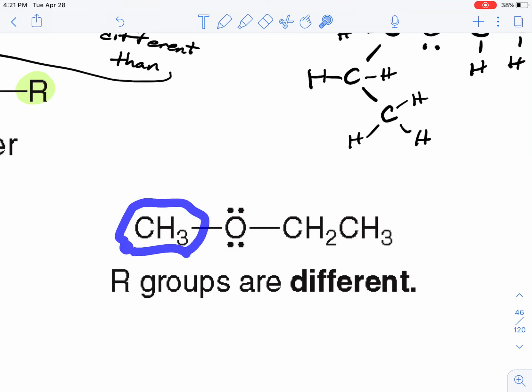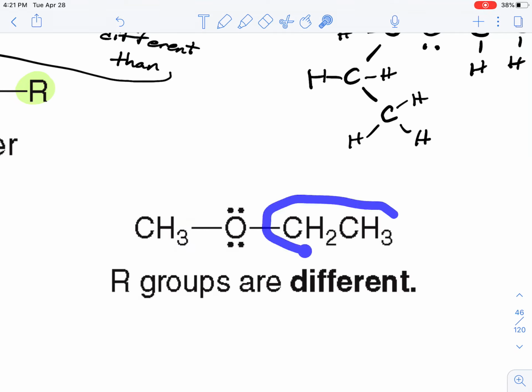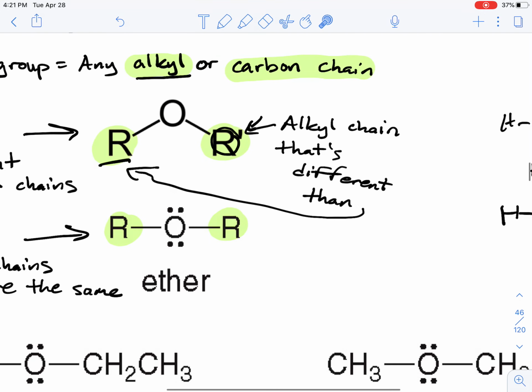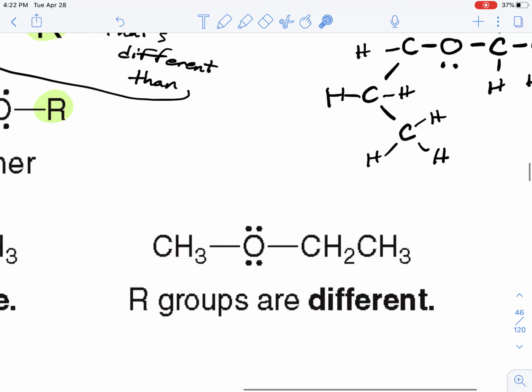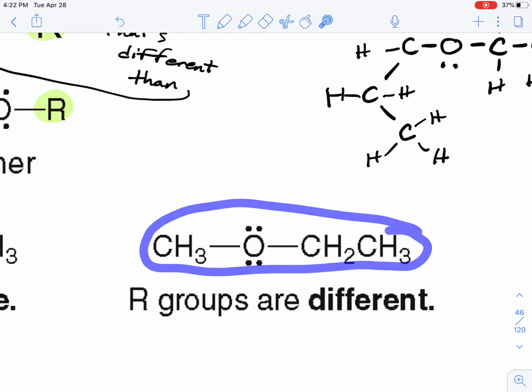Here we have the CH3, this methyl group, and here we have this ethyl group. They're not the same, and so the R groups are different. So we would probably use ROR prime to generalize this organic structure.